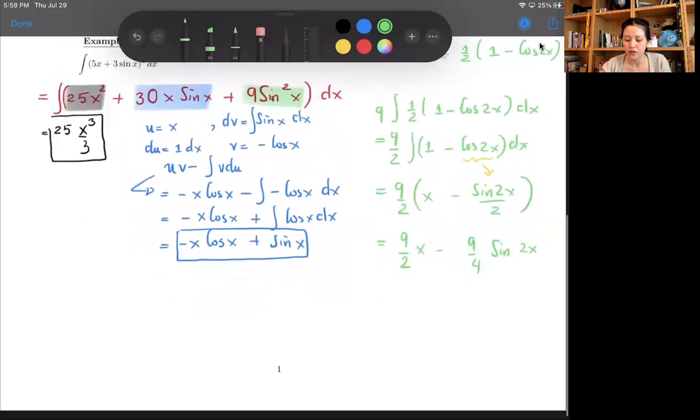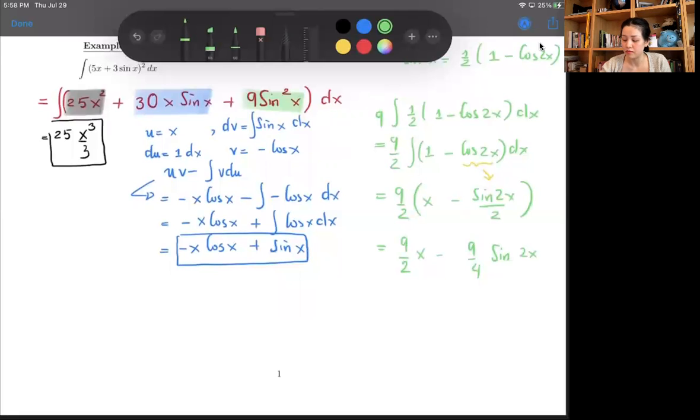Now, if your professor doesn't like that sin of 2x, you can use one of the trig identities. I believe it's the double angle formula. You can rewrite it one more time. So it's 9/2 x minus 9/4 sin x cosine x. Okay, so from here to this one.